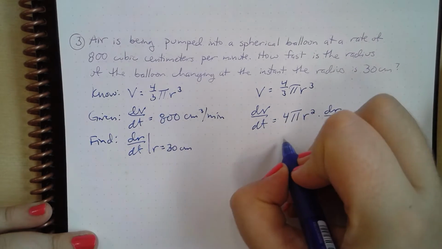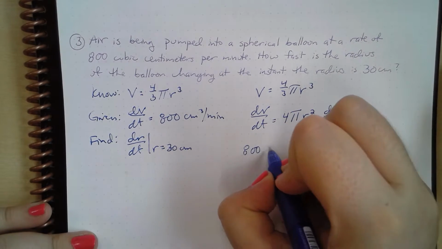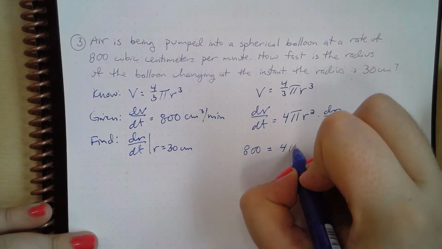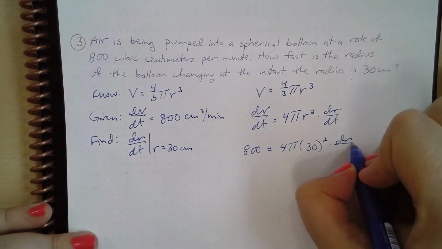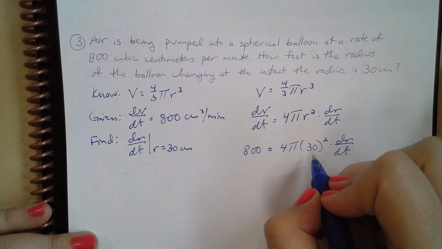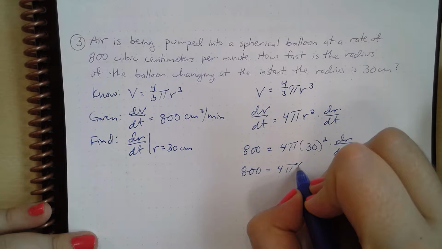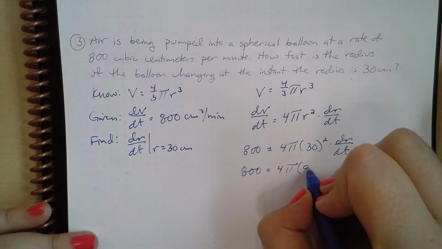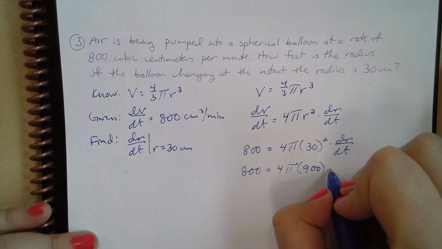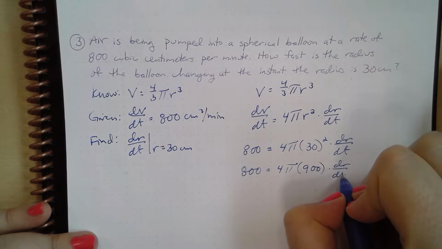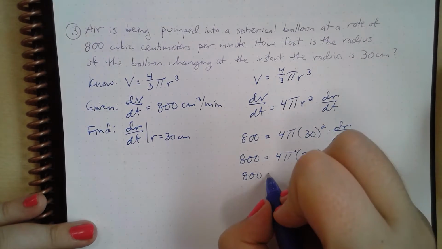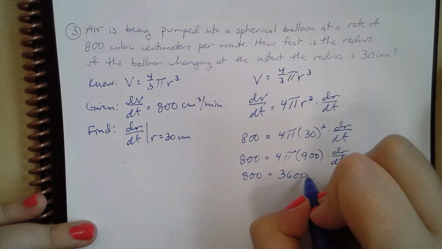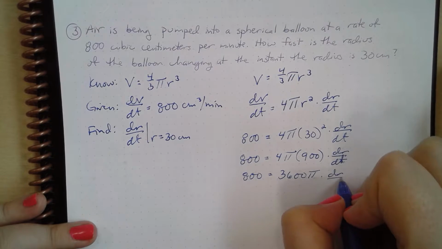If I substitute in, I'm going to have 800 is equal to 4 pi times 30 squared times dr over dt. So 800 is equal to 4 pi times 900 times dr over dt. So 800 is equal to 3600 pi times dr over dt.